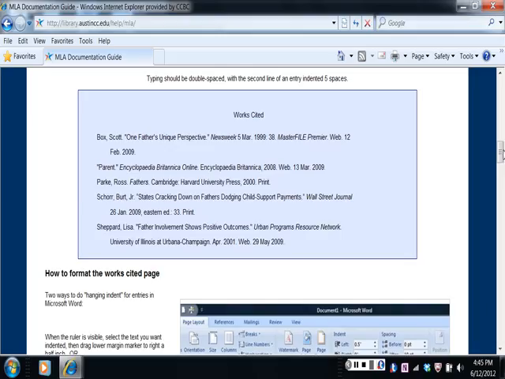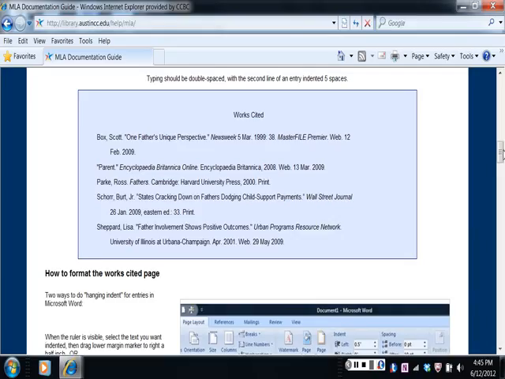The works cited page always has to be in alphabetical order, whether you have an author or you don't. So if you have the author, you alphabetize by the last name of the author. If you don't have an author, you alphabetize by the title, as you see here, parent. Okay.